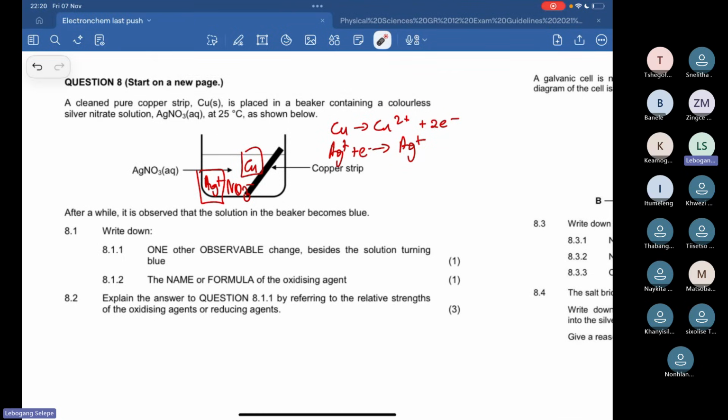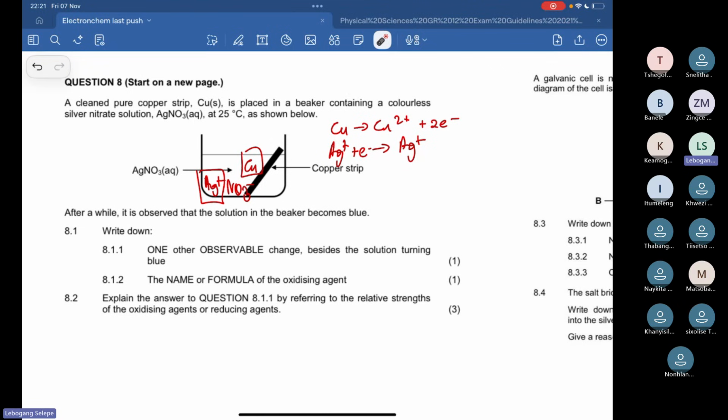To answer the question, name one observation besides the solution turning blue. The solution turns blue because as copper loses electrons it becomes Cu2+, which is blue in color. Remember, you should know that Cu2+ is blue. This one is a must know.